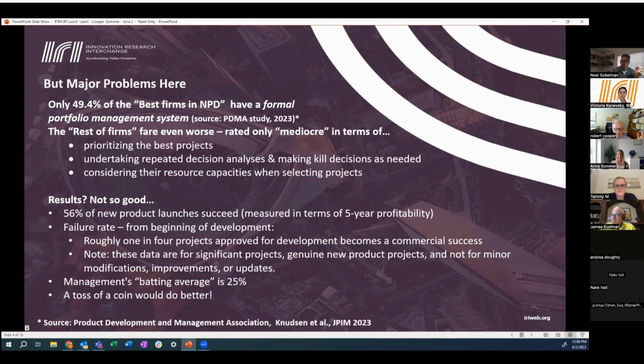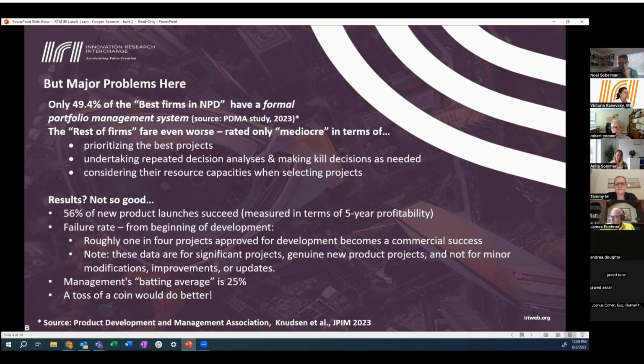The generally accepted number is somewhere between 60 and 65% of new product launches succeed. But starting the clock ticking the day before a launch is pretty late in the game. If you start the clock earlier, say the beginning of development, 1 in 4 projects that is approved for development becomes a commercial success.